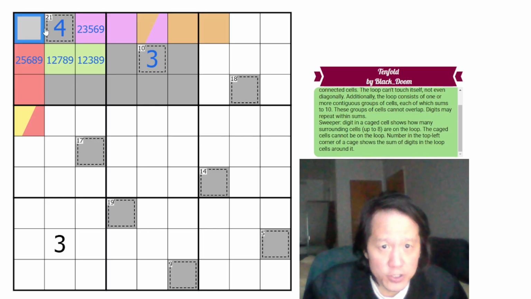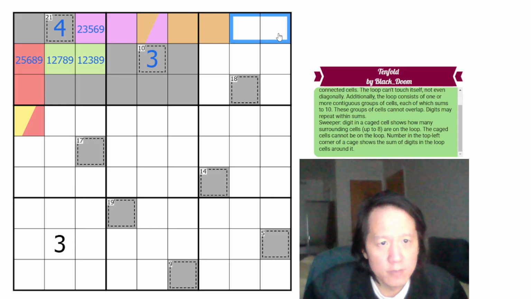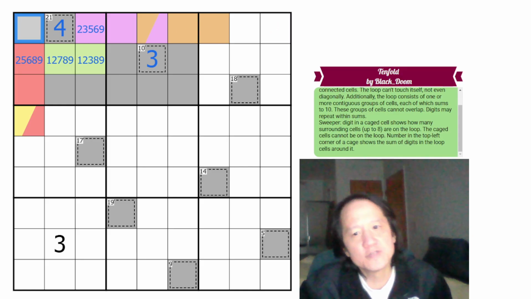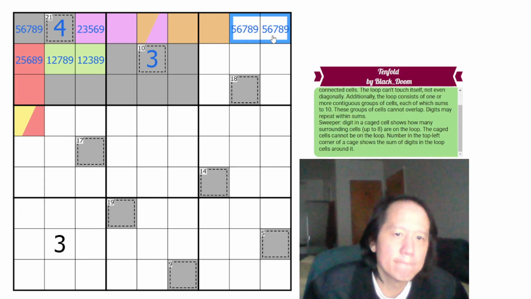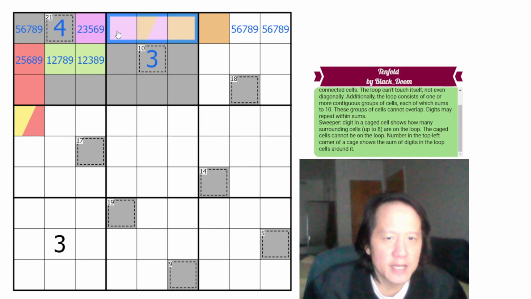So then you would know that these 3 digits must add up to at least 21. Which cannot contain a 4. So this is 5 through 9. This is 5 through 9. Right? Because we know that this is 10 at most.